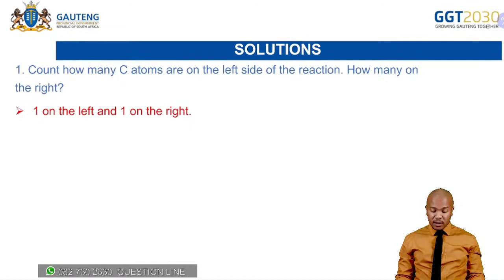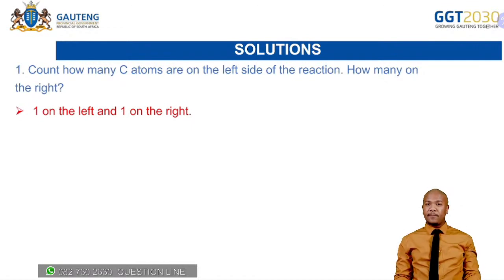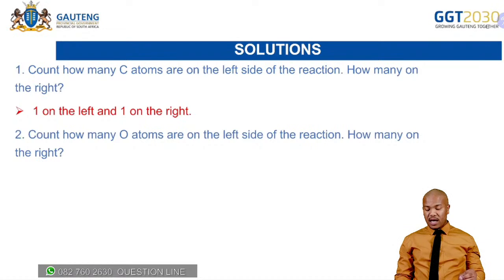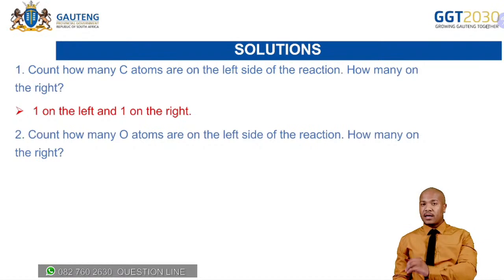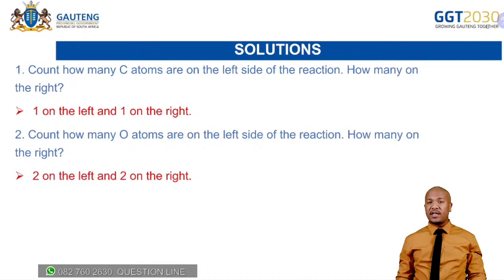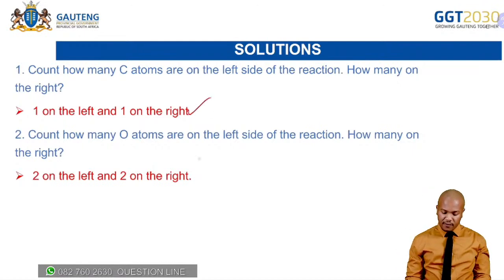You have 1 carbon atom on the left-hand side and 1 carbon atom on the right-hand side. Number 2, you needed to count how many oxygen atoms are on the left-hand side and how many we have on the right-hand side. We have 2 on the left-hand side and 2 oxygens again on the right-hand side. So give yourself a tick.